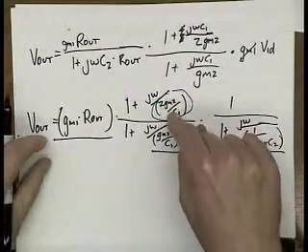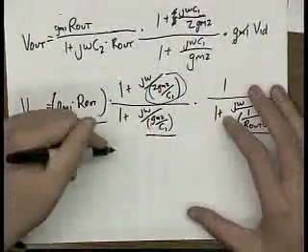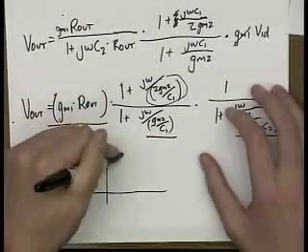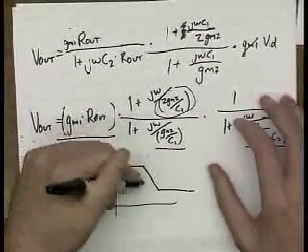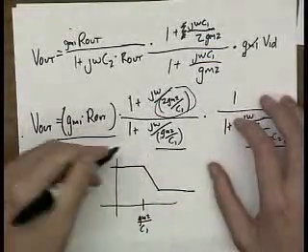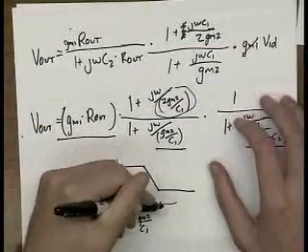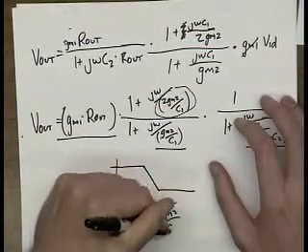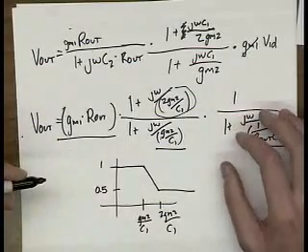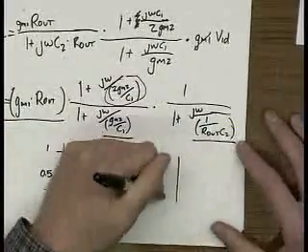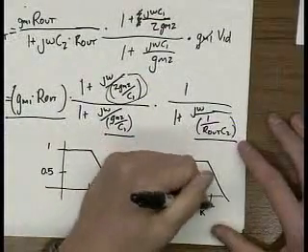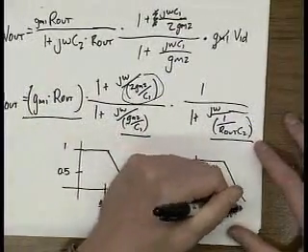So let's look at this term. What this term looks like is at low frequency, it's 1. At Gm2 over C1, it starts to break. And then at 2 Gm2 over C1, it flattens out. So this is 1 and this is 0.5. And then here, we've got another pole at 1 over R out times C2.